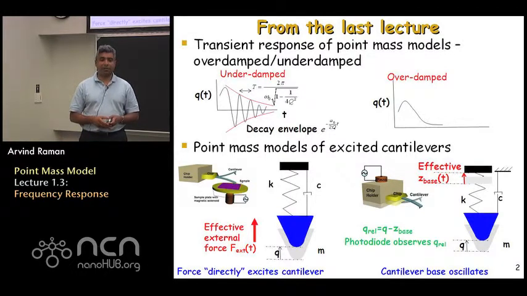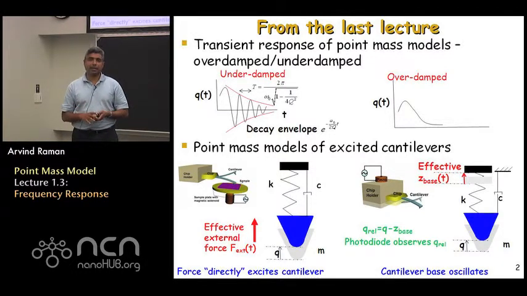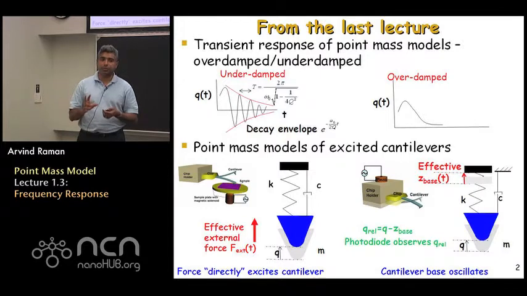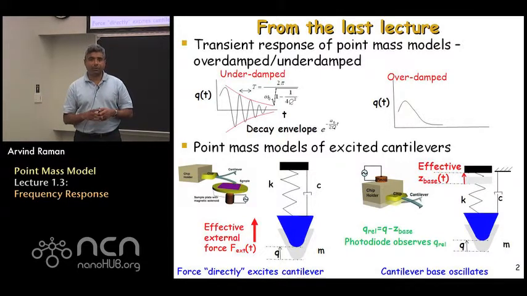Now, we had talked about the fact that when you deal with excited cantilever probe models, there are two distinctions that need to be made. In the case of directly excited cantilevers, things are pretty normal in the sense that the force is applied on the tip, the base is fixed, and the cantilever just oscillates.